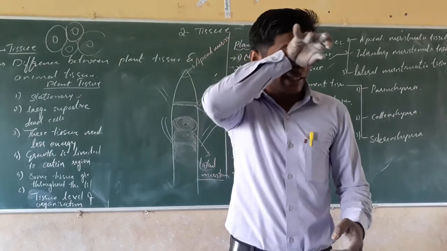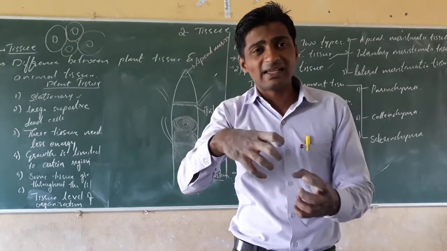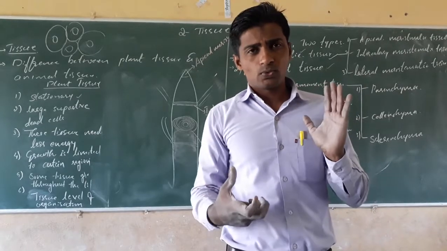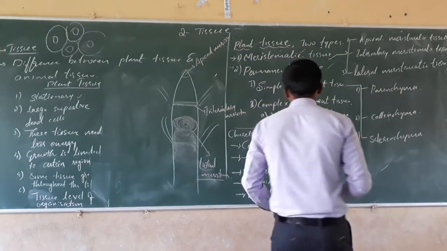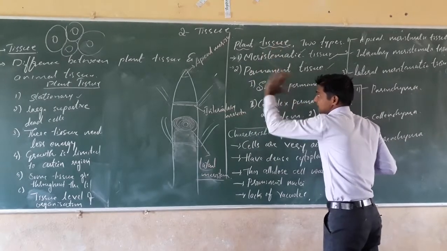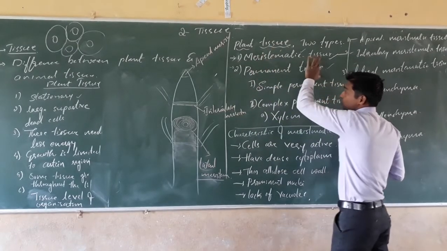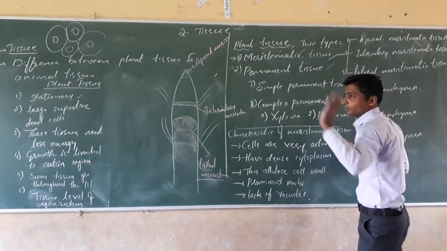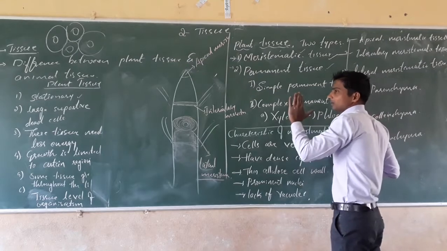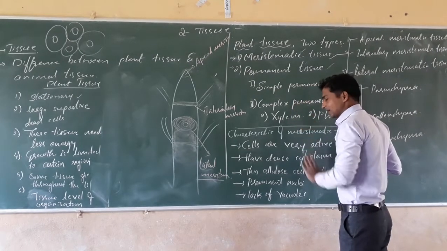If the cell wall is thick, cell division takes more time and may be slow. That's why the cell wall in meristematic tissue is thin. In permanent tissue, the cell wall is thick with dense cellulose, so cell division is not ready.